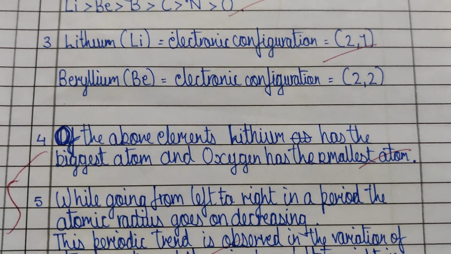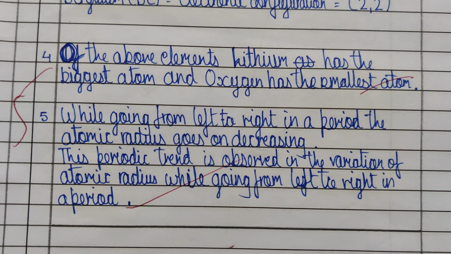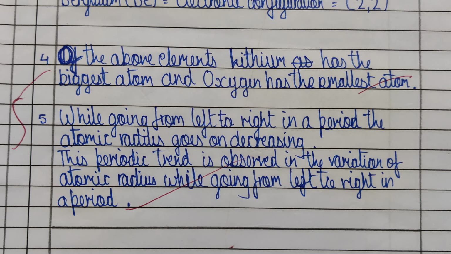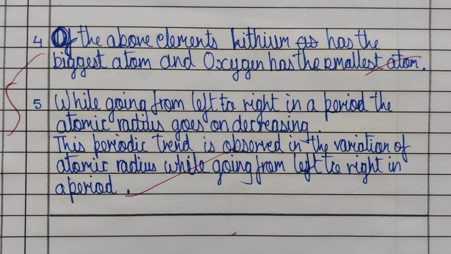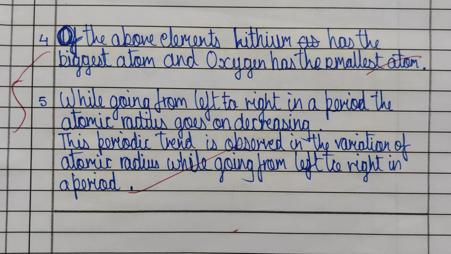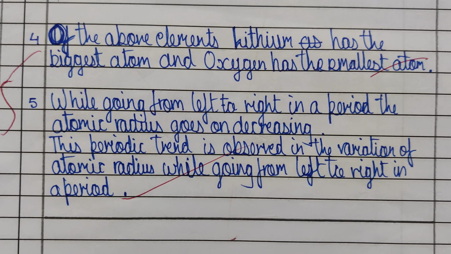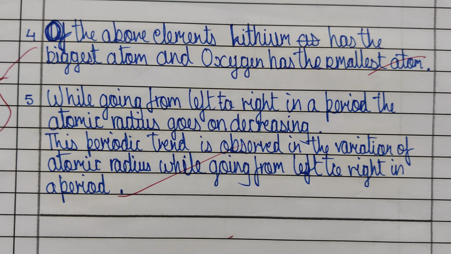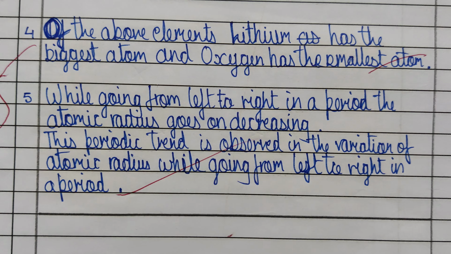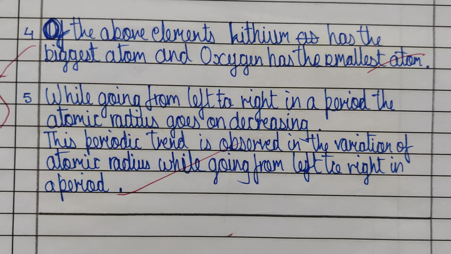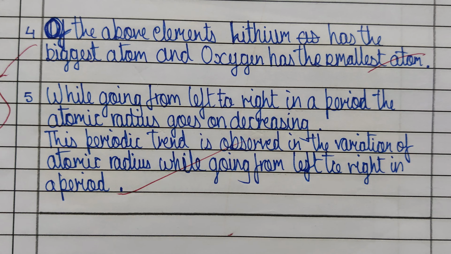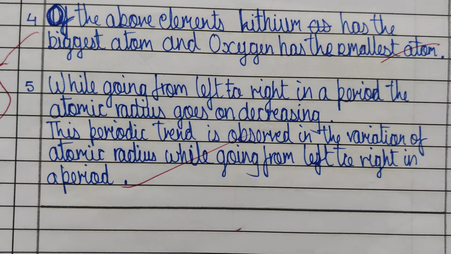Of the above elements, lithium has the biggest atom and oxygen has the smallest atom. While going from left to right in a period, the atomic radius goes on decreasing. This periodic trend is observed in the variation of atomic radius while going from left to right in a period.